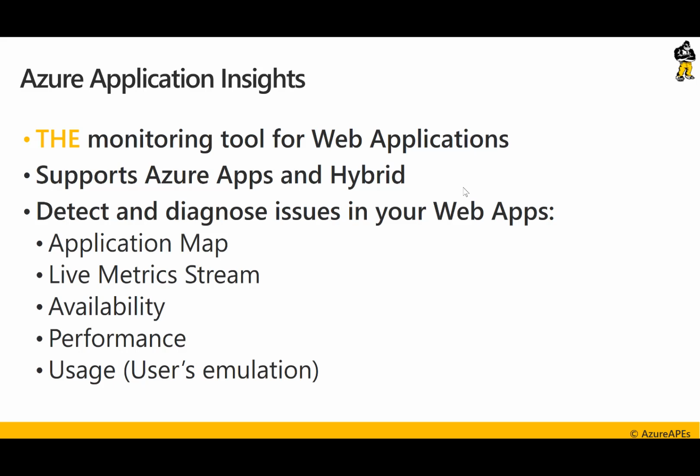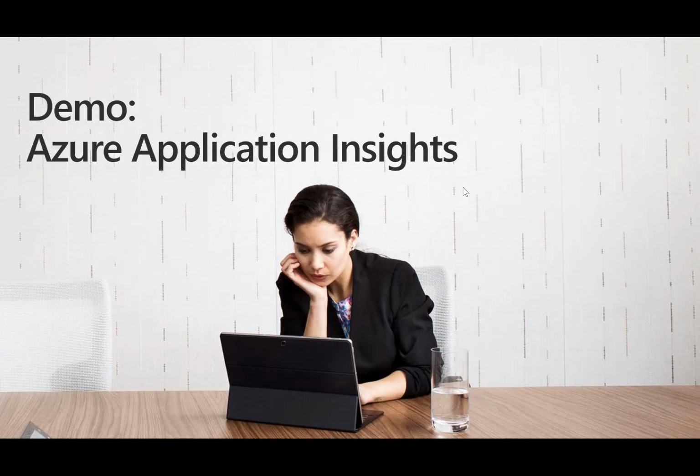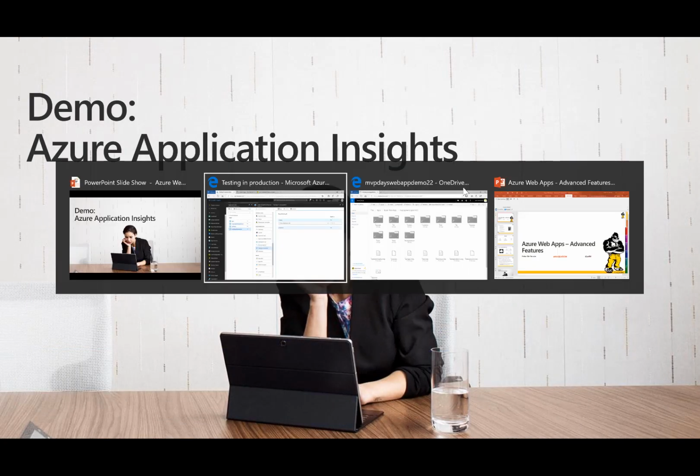And in short, it allows you to detect and diagnose issues in your web applications by using a couple of different settings. Application map, just one of them, live metric stream, availability, performance, and emulating end users connectivity. So just some screenshots, and again, I'm just gonna do it immediately, jumping to an Application Insights demo.